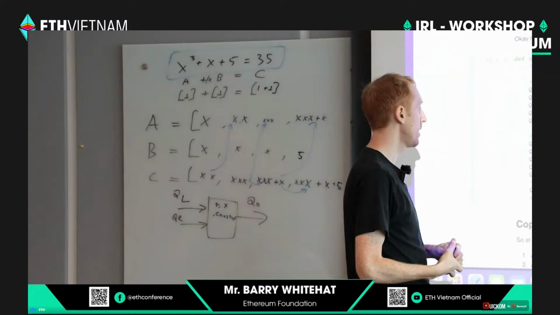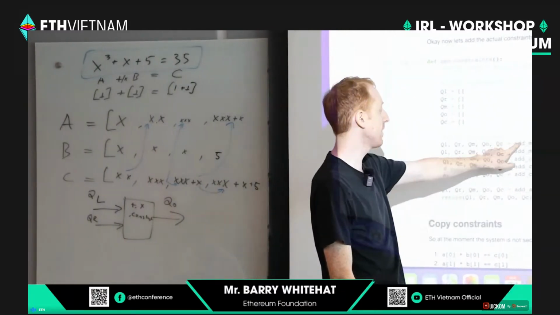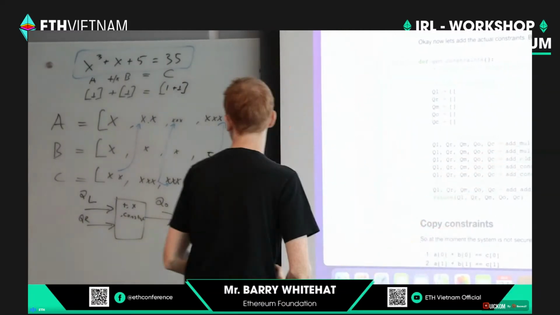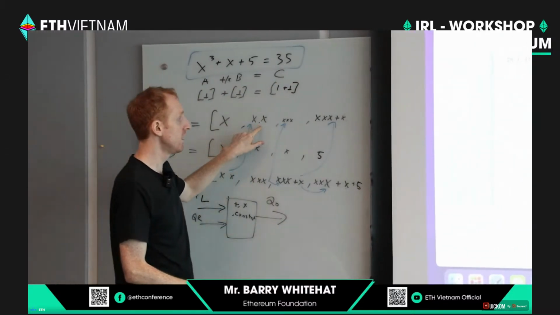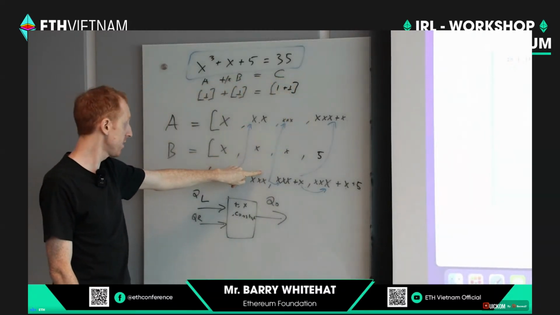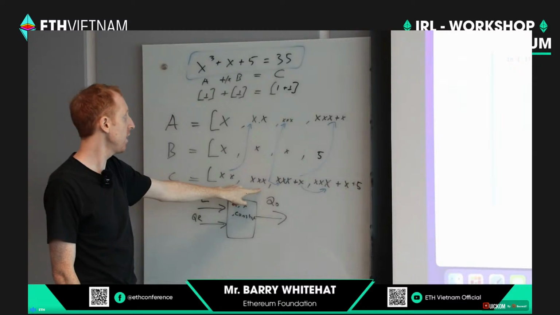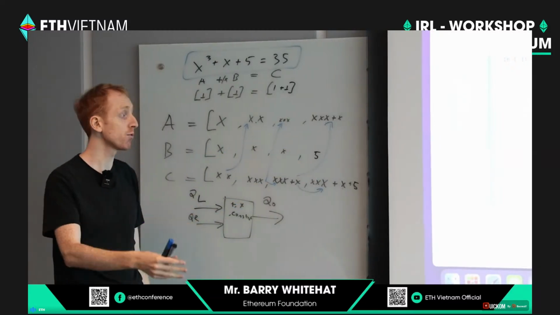So we're basically taking A0, B0, C0, and we're saying, okay, that has to be a multiplication, because that's what we're doing here. And we're taking the second set. That has to be a multiplication too. That's x squared plus x equals x cubed. Then we're saying, okay, we need to add a constant, right? We have to say that 5 equals 5.